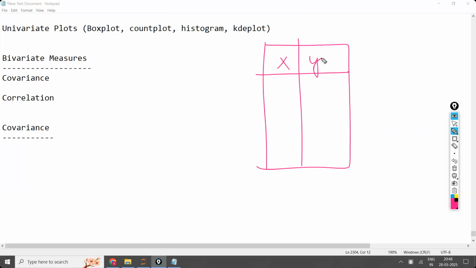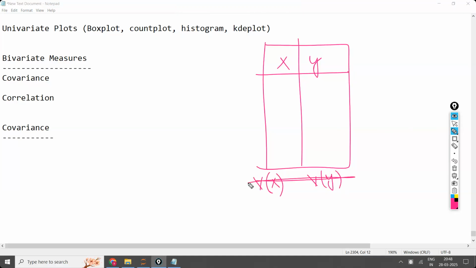Now, variance of x means a single column separately, and variance of y, a single column separately. Now we are going to use both columns at a time and calculate the covariance.